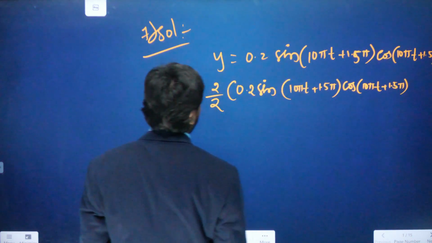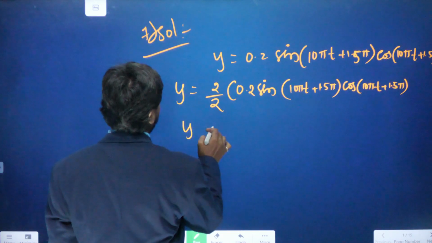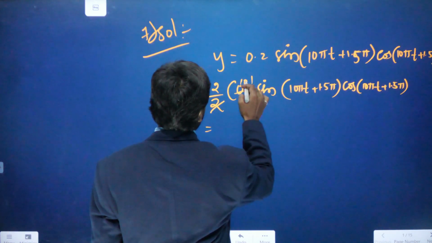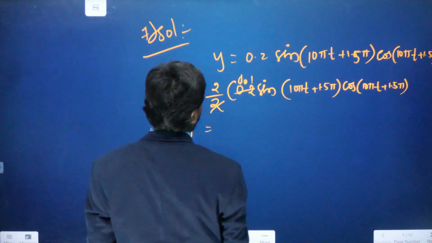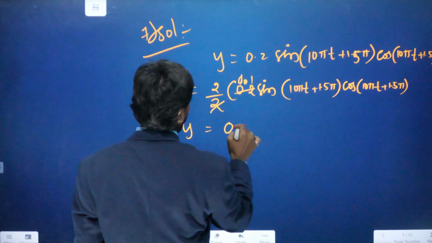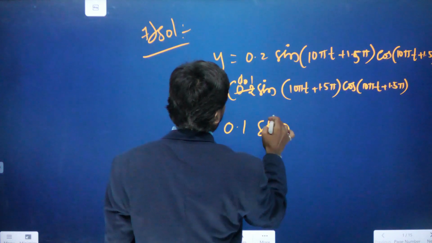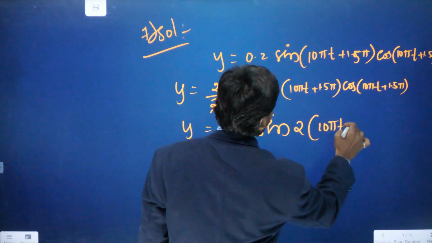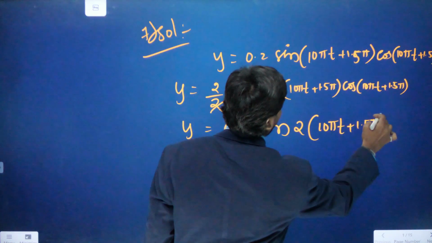Then 0.1 will remain, so this is 0.1 into sin of 2 times this value, that is 10 pi t plus 1.5 pi.